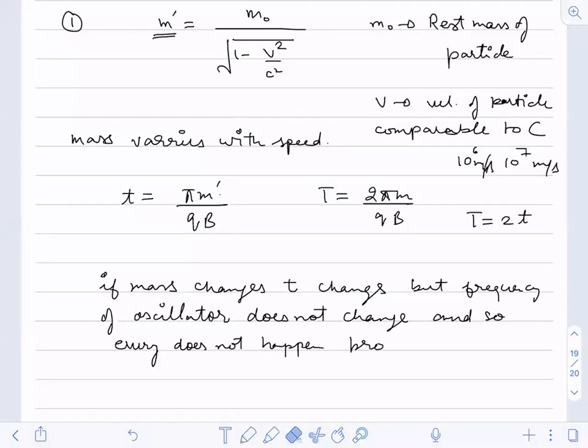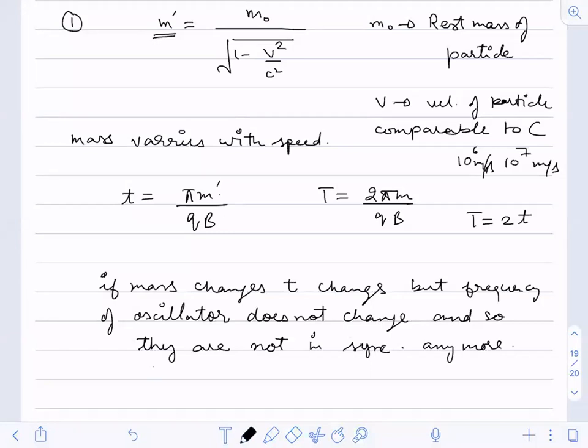So better we write: if mass changes, T changes, but the frequency of the oscillator does not change, and so they are not in sync anymore. This is the first limitation.